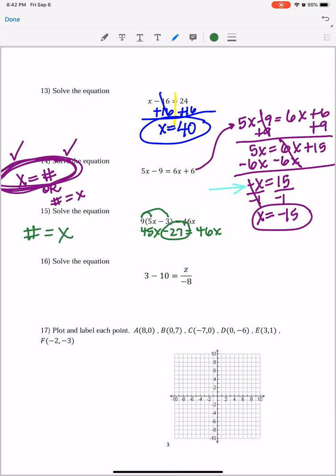I've already got my number here, so I need to get my variable over here. The opposite of a positive 45x is a negative 45x, so we're going to subtract 45x over. 45 minus 45 is 0. So we get negative 27 equals 46 minus 45 is 1x, or just x.